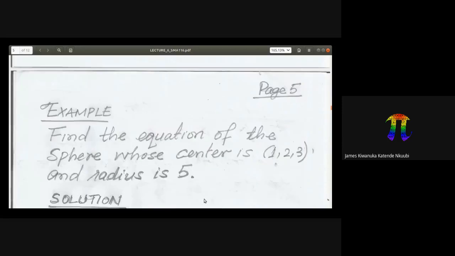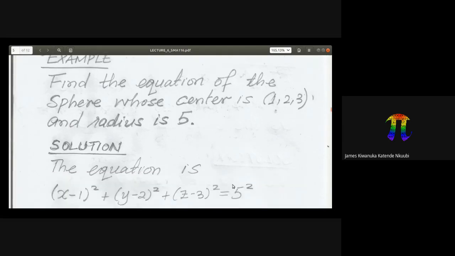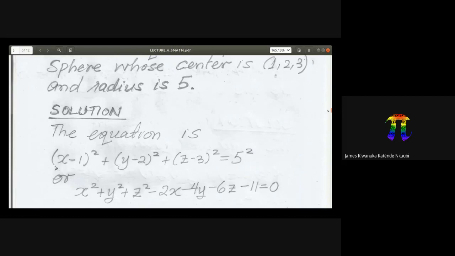So here's an example. The example says, find the equation of a sphere whose center is (1, 2, 3) and the radius is 5. I think this one is straightforward. You just work it out like this.